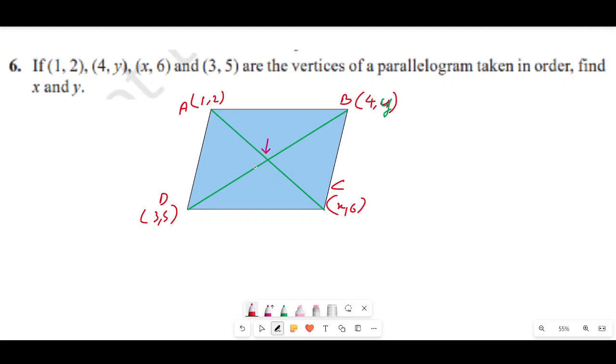So if this is the value of a comma b, then what will be the value of a comma b?